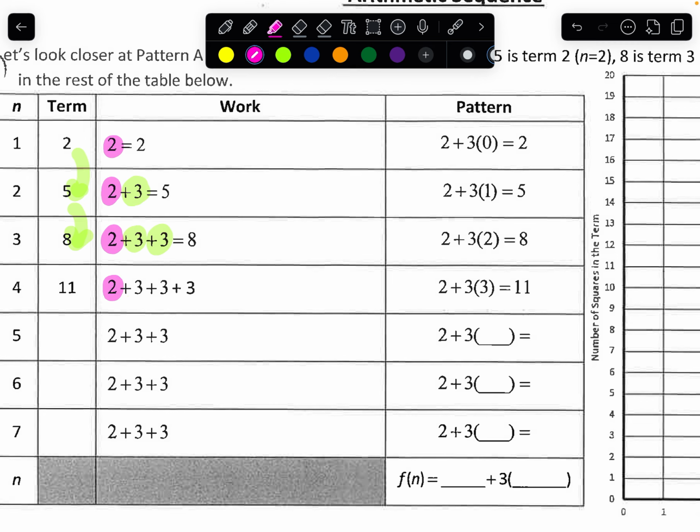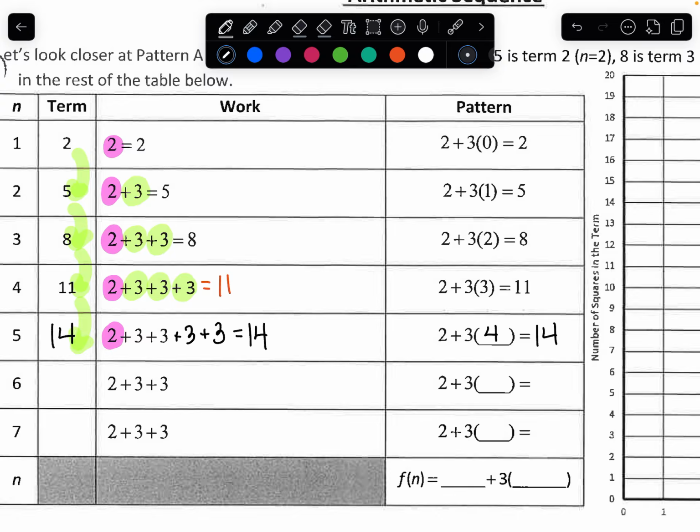For our fourth term, we took our first term and then added three 3s to get 11. For our fifth term, again, we start with our first term. Well, we can kind of count: 1, 2, 3, 4. So our fifth term has four 3s added together. And so 2 plus 3 times 4 is 14.